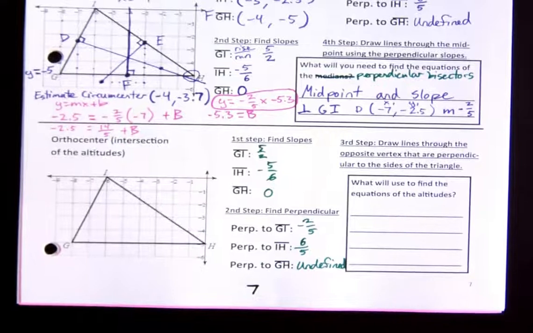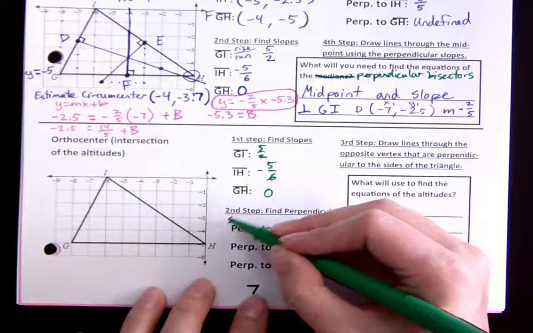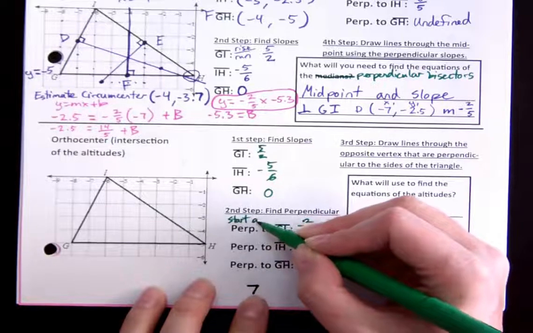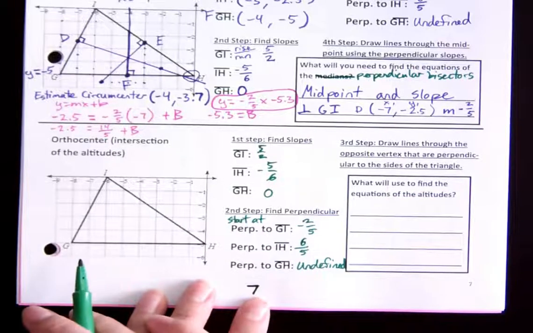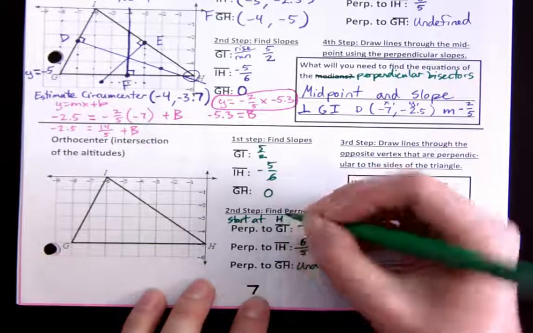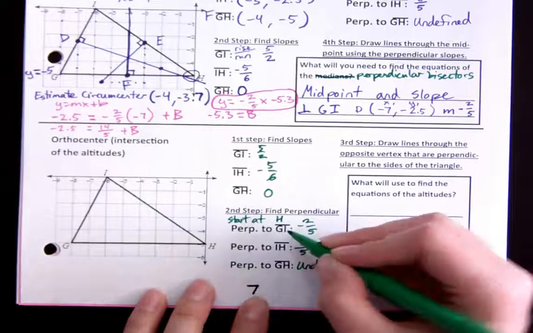The only difference with orthocenter is instead of starting at midpoint, we're starting at the opposite vertex. So what is our opposite vertex to GI? Okay, so H. So it's just the letters that's not in that line.